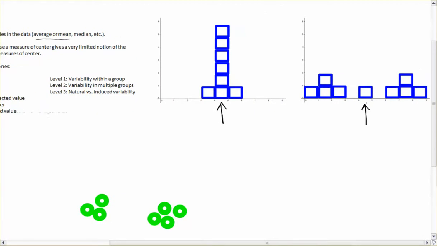The average would turn out to be the same value in both these sets of data, and yet they're very different. It'd be pretty clear in this set of data that we have a lot of values clustered around that center, whereas here it looks like we've got two pretty different clusters of data that are balancing each other out. So the variability can help us understand the differences between these two sets of data when we examine that.